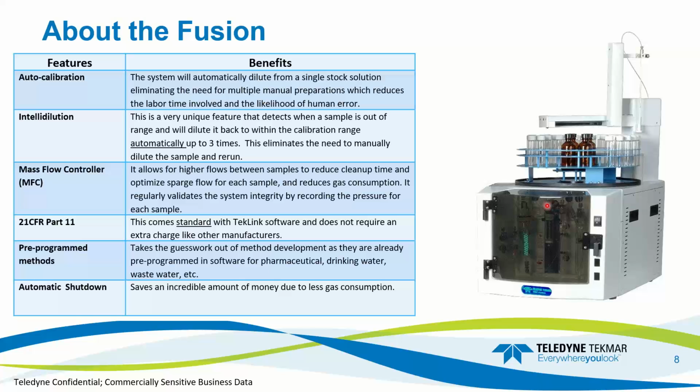It allows for higher flows between samples to reduce cleanup times and optimizing sparge flows for each sample. It also helps to reduce the gas consumption because when we're done with it, the mass flow controller will turn off and no more gas is flowing through the system. So you're not wasting any type of gas or running your tank dry overnight. The system actually will shut it off completely.